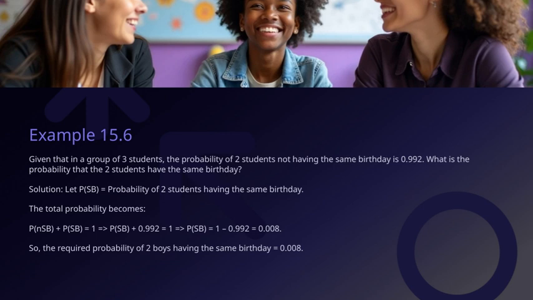It highlights the importance of understanding complementary probabilities, the idea that the probability of an event plus the probability of its complement equals 1. This example ties back to our overall theme of probability and how we can use logical steps to determine these small but significant chances.